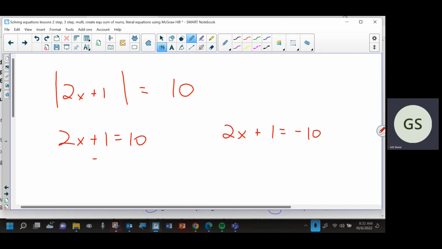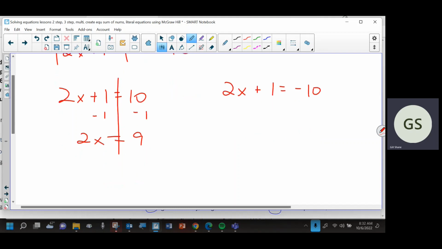So we always start farthest from the variable. Subtract 1. 2x equals 9. Well, that means 2 times x. So what's the opposite of 2 times x? Divided. So that's one answer.